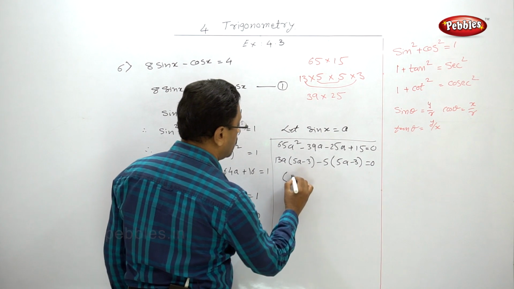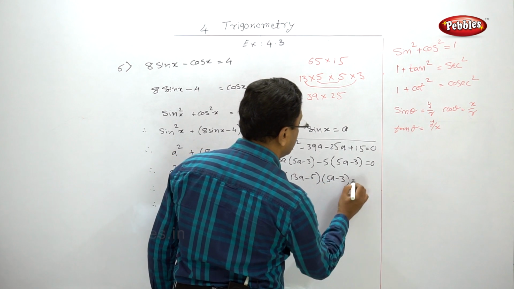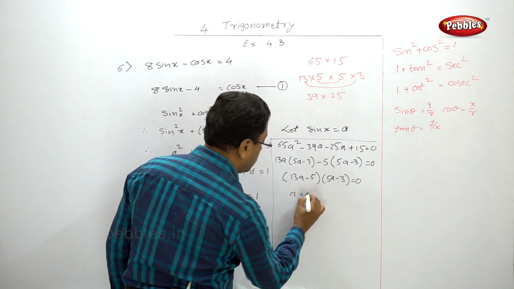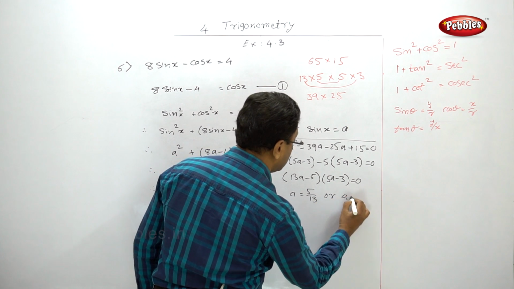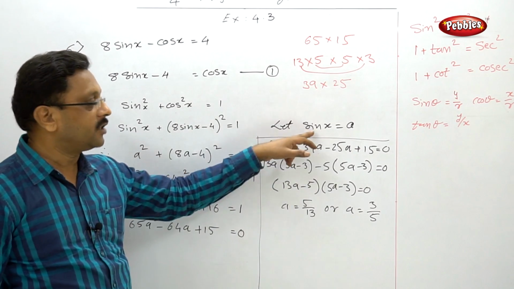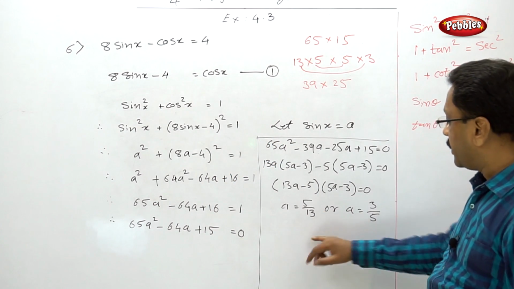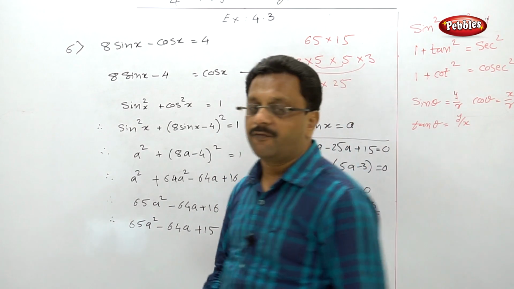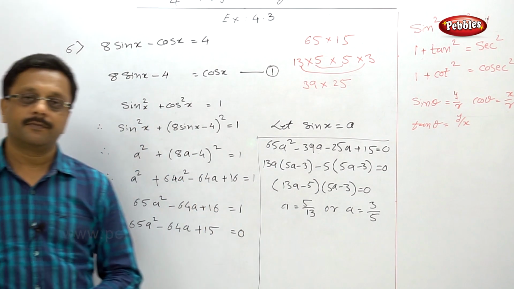So I have 13a minus 5, 5a minus 3 equal to 0. So a will be equal to 5 by 13, or a is equal to 3 upon 5. But a is equal to sin x. So sin x is equal to 5 by 13, or sin x is equal to 3 by 5. This is our answer. Simple.